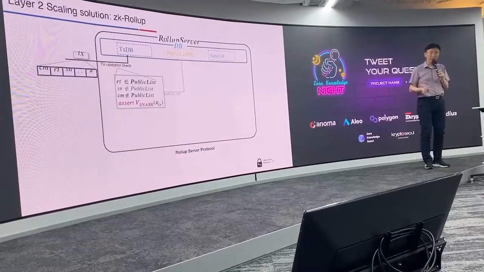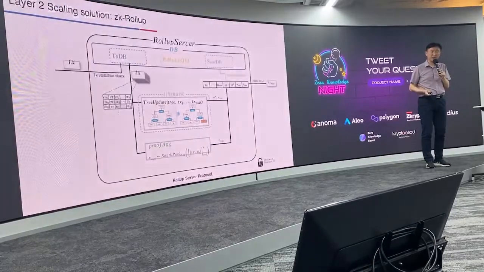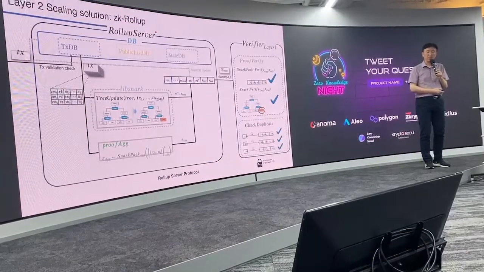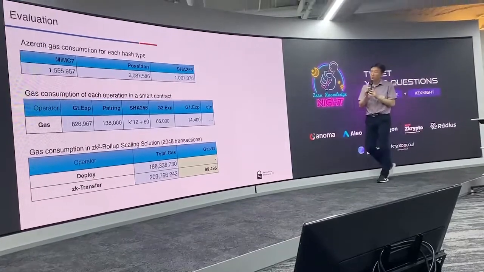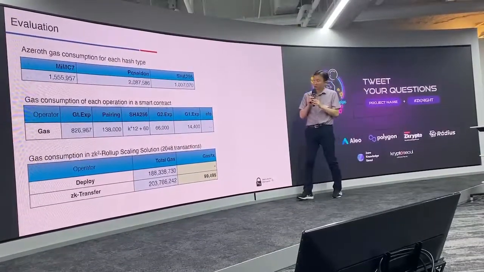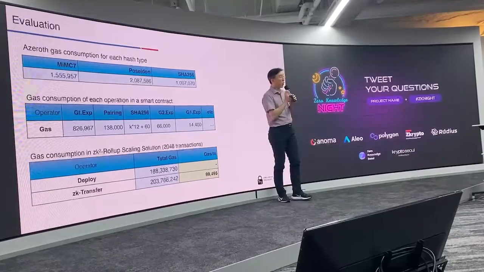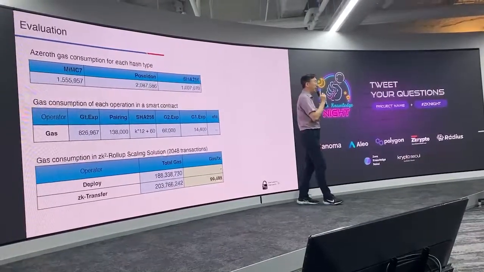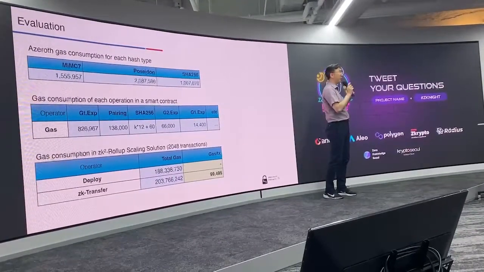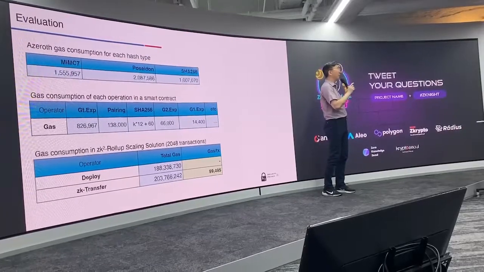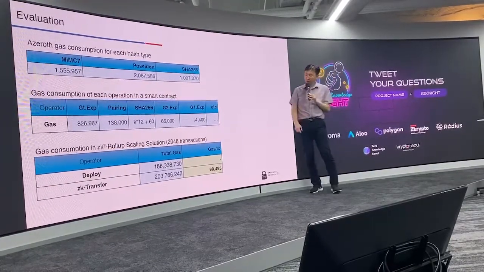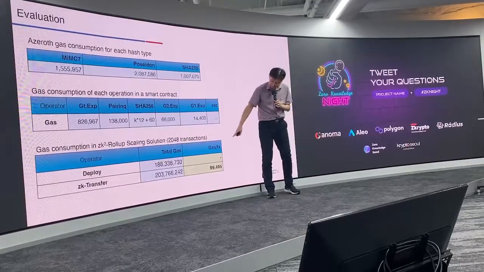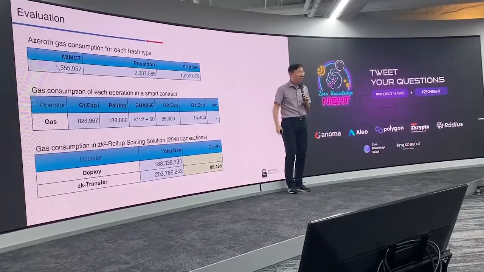Okay, so let's skip this part. Let me show you the evaluation. As I mentioned, one zk transfer requires 1.4 million gas. Now it is reduced to 0.09 million gas.